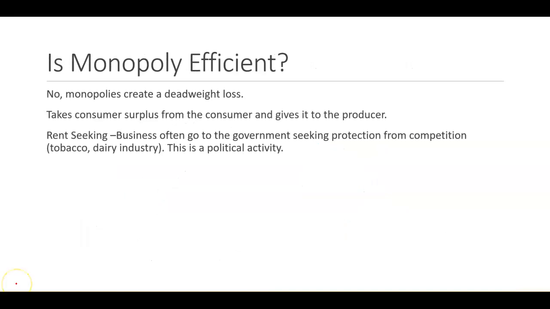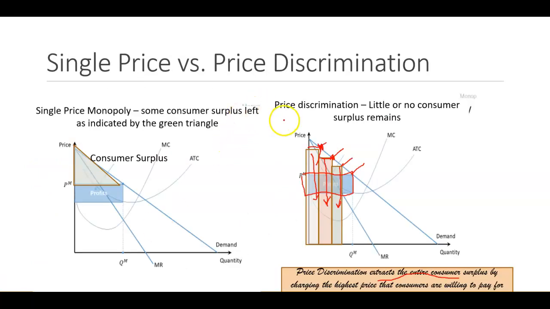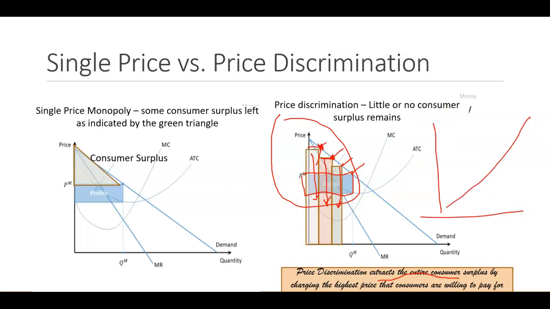Is monopoly efficient? Well, no, monopolies are not efficient because they take consumer surplus from the consumer and give it to the producer. And businesses often go to government to seek protection from competition, because it's convenient for them to be able to extract all of this consumer surplus. Okay, so theoretically, if we were operating in a perfectly competitive environment, let's see, marginal cost, output would be over here.